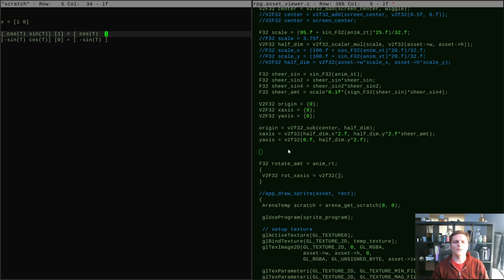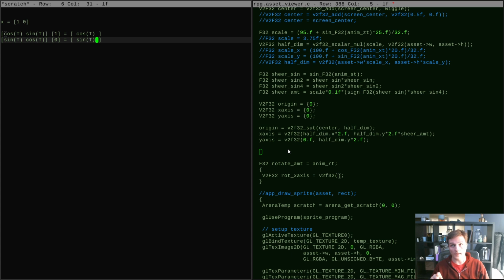So that seems wrong. The x component there, as I rotate it by t, the x value becomes cosine t. The y value becomes sine t, right?